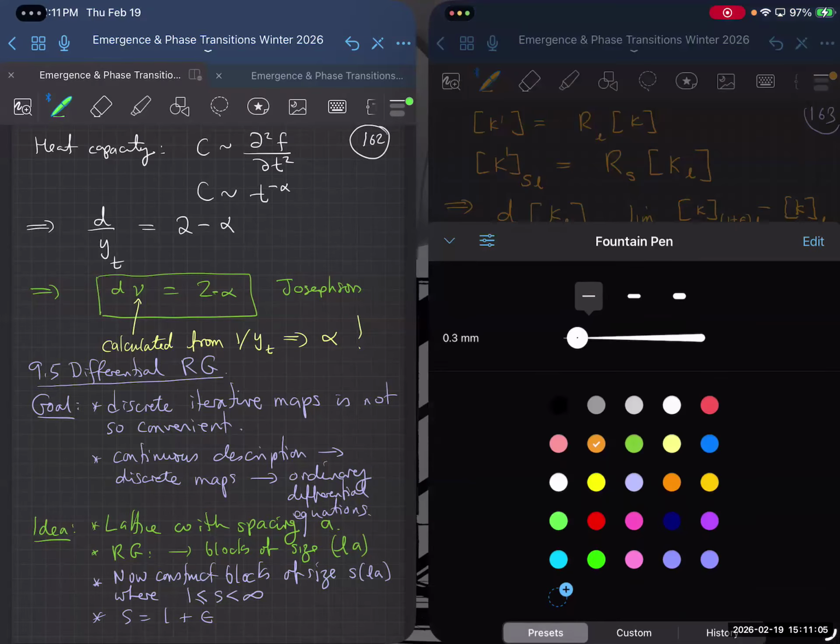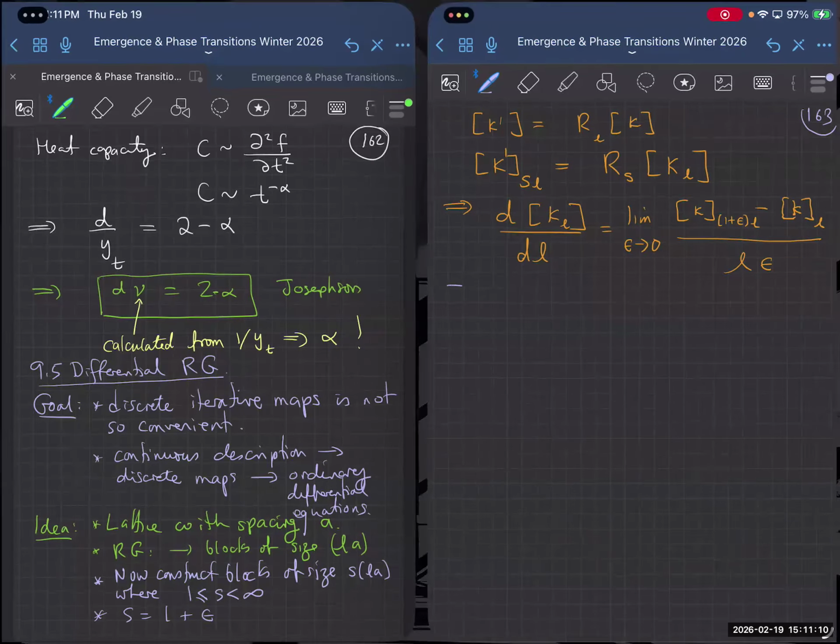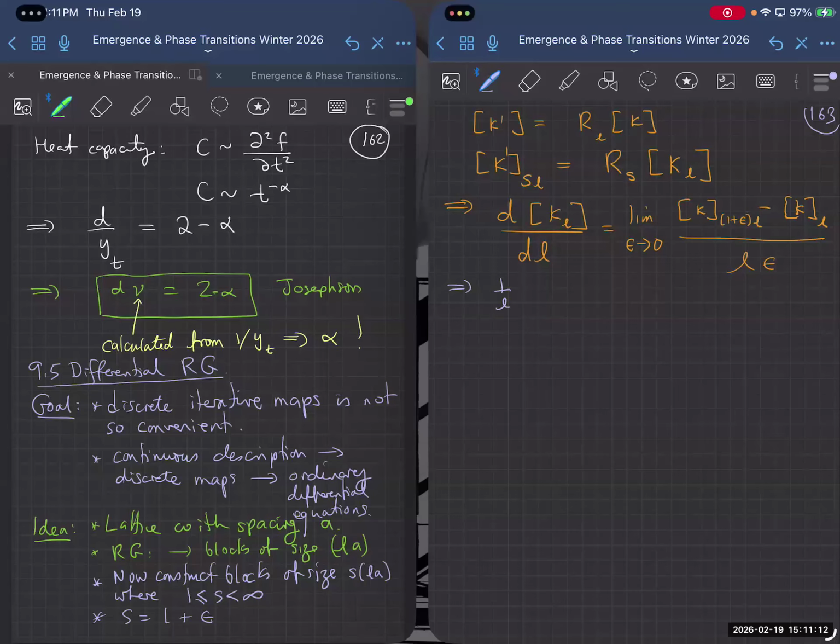And then what that equation tells me is that 1 over L dR_S by dS of K_L is a quantity that I'm going to define to be 1 over L B of K_L.